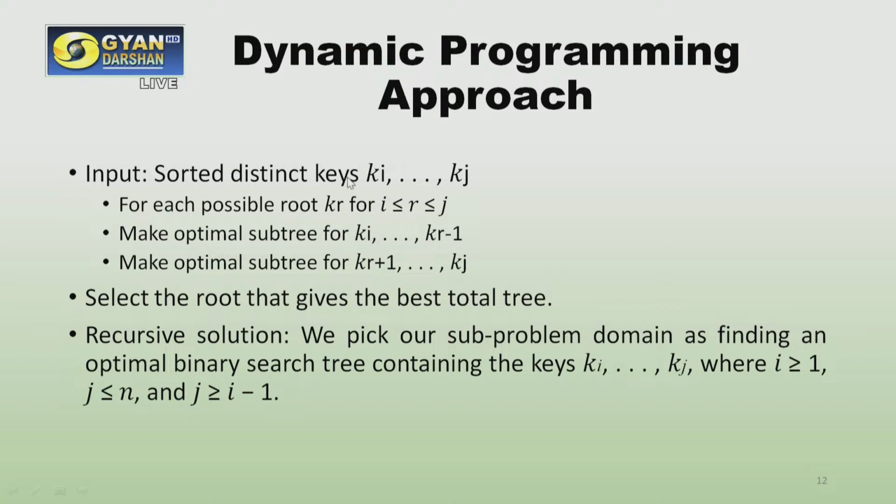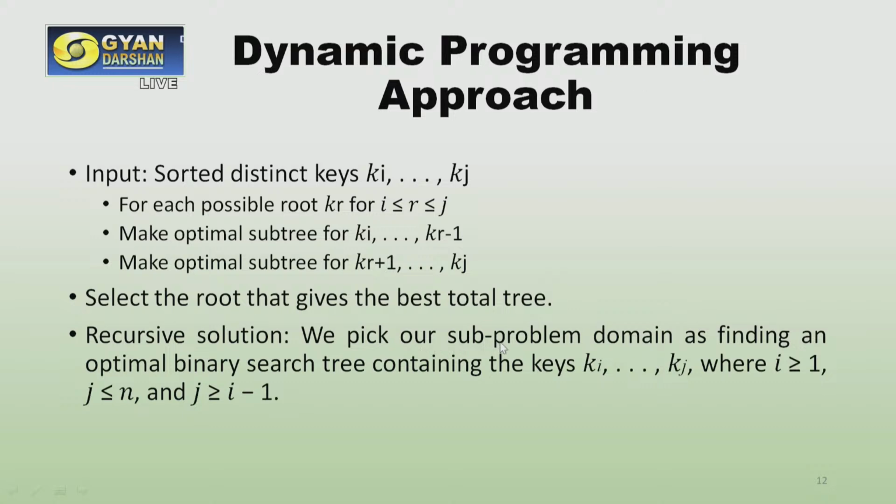So from the keys Ki till Kj, one will be picked as root and the remaining will be distributed around it. Suppose r is picked up as a root, then i to r minus 1 becomes the left subtree of it and r plus 1 to Kj becomes the right subtree of that particular node. So this is the recursive formulation as far as the dynamic programming approach is concerned. Search for the root that gives the best total tree. So we are basically looking for roots, finding the best root.